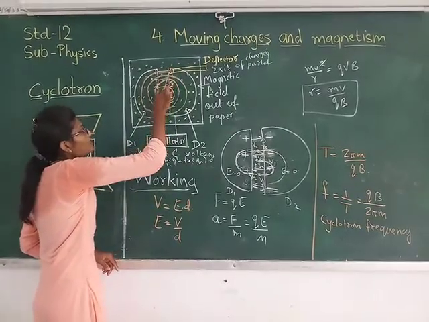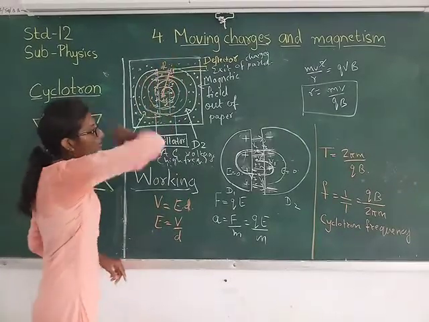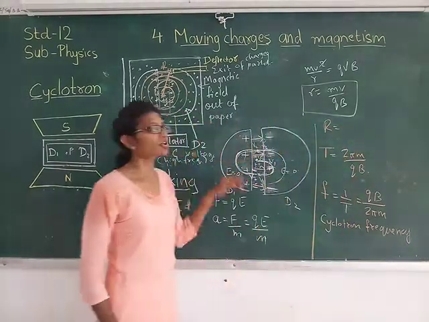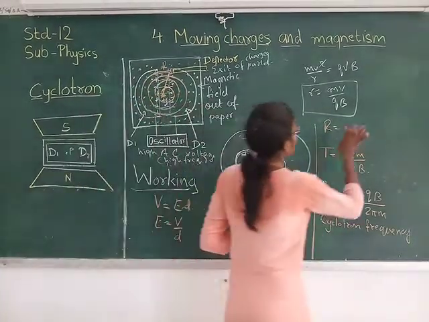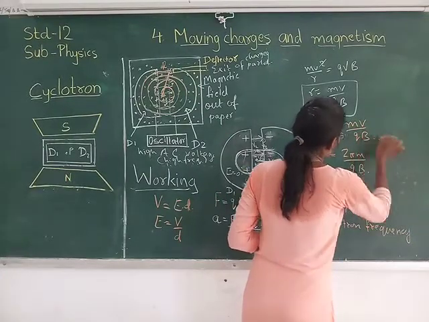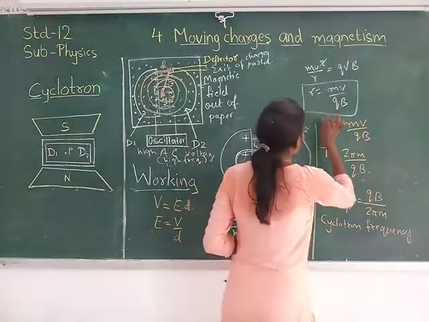So if from the center to this part it is R, then the radius of that circular path is equal to mv upon qB.